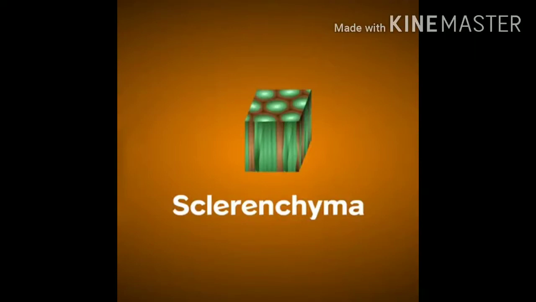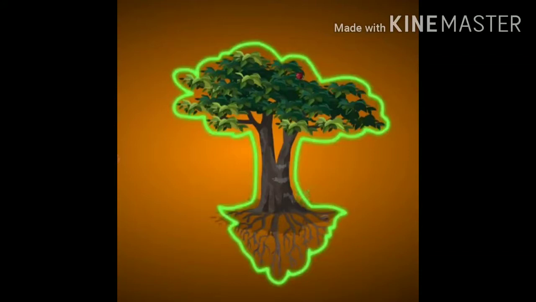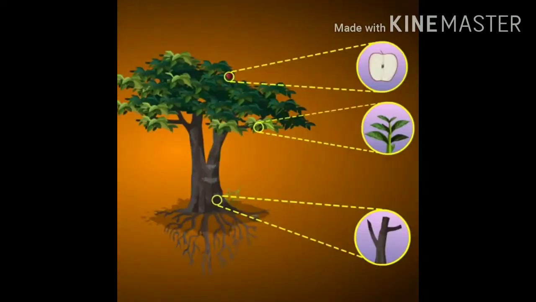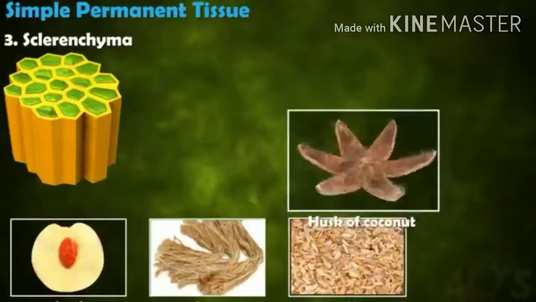The third one is the sclerenchyma tissue. These tissues are dead cells having extremely thick cell walls containing lignin. They protect the plants. This tissue is present in stems, leaves, and in the hard covering of seeds and nuts.